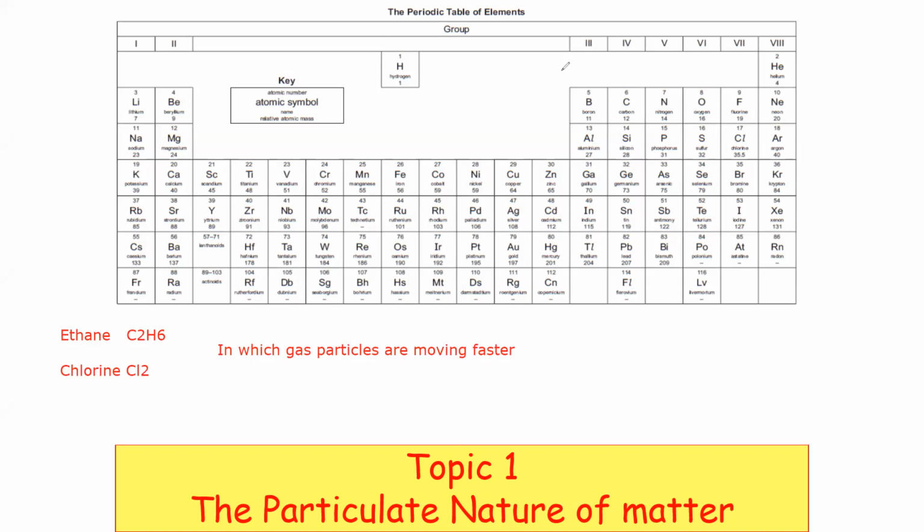The periodic table is there on your screen. You can find carbon, hydrogen, and chlorine. This is chlorine. So in which gas are the particles moving faster?